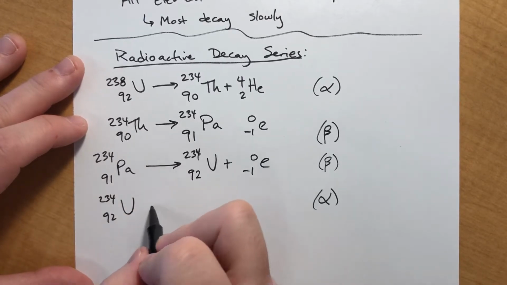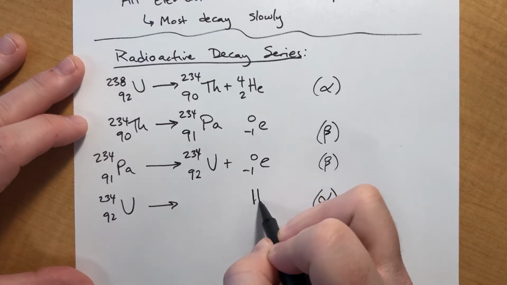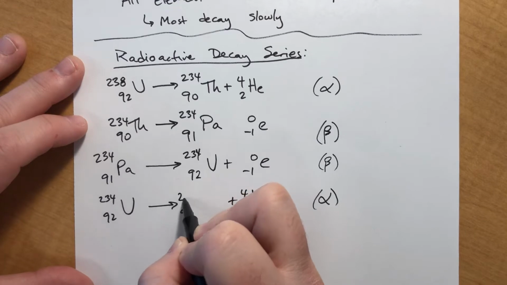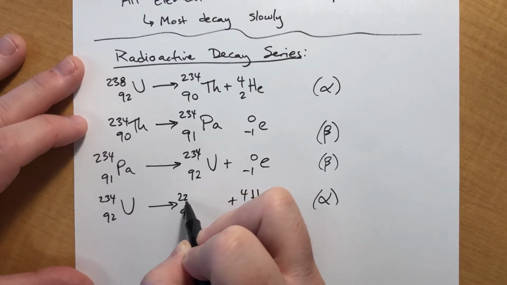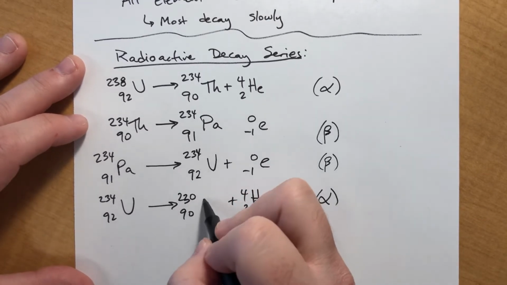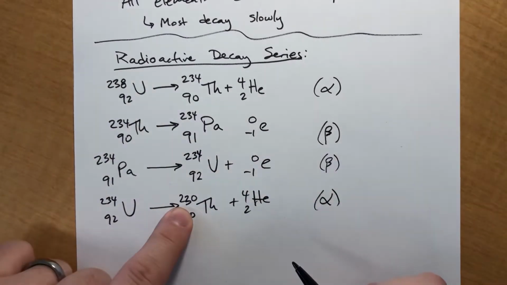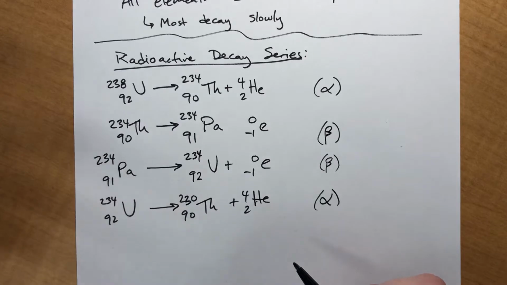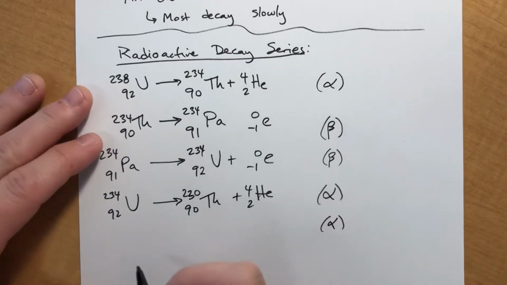Okay, and what we get is a 90, and this is now a 230. I can't do math apparently. But we have a thorium again. But it turns out this isotope of thorium, this one was a beta particle emitter. This one apparently is an alpha particle emitter. It's most likely to do that.